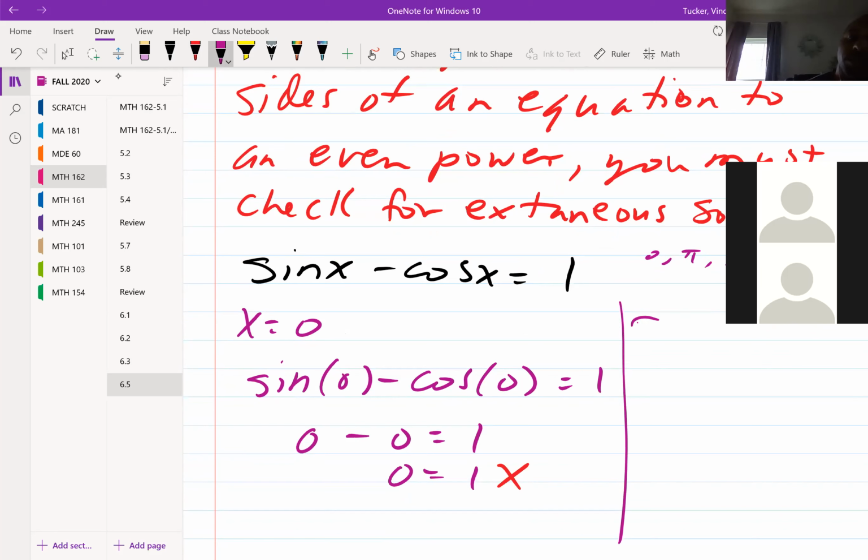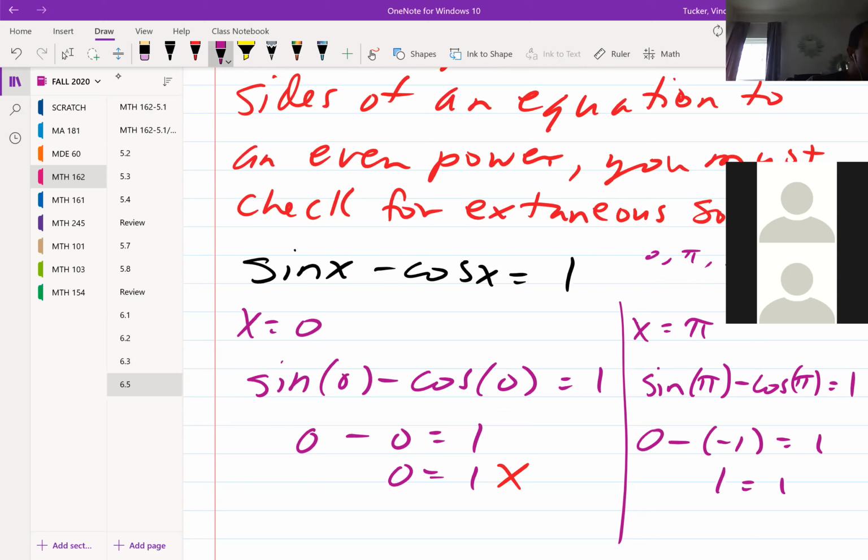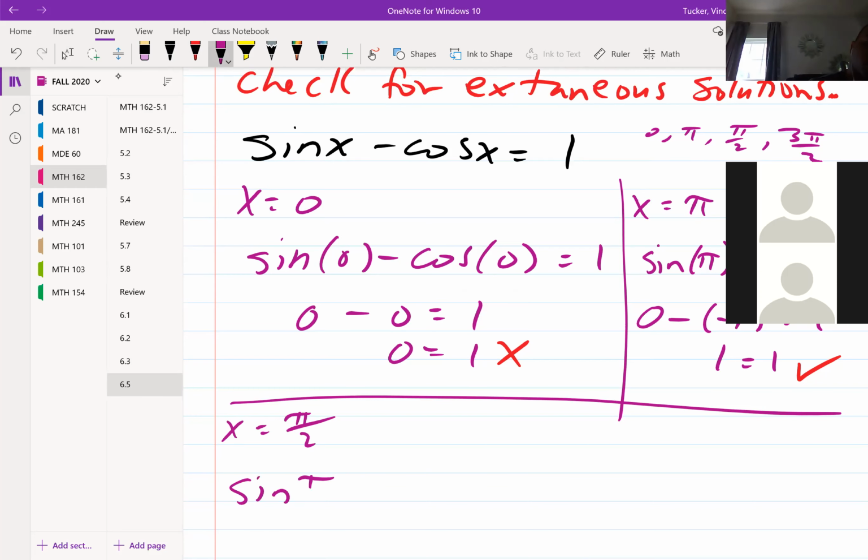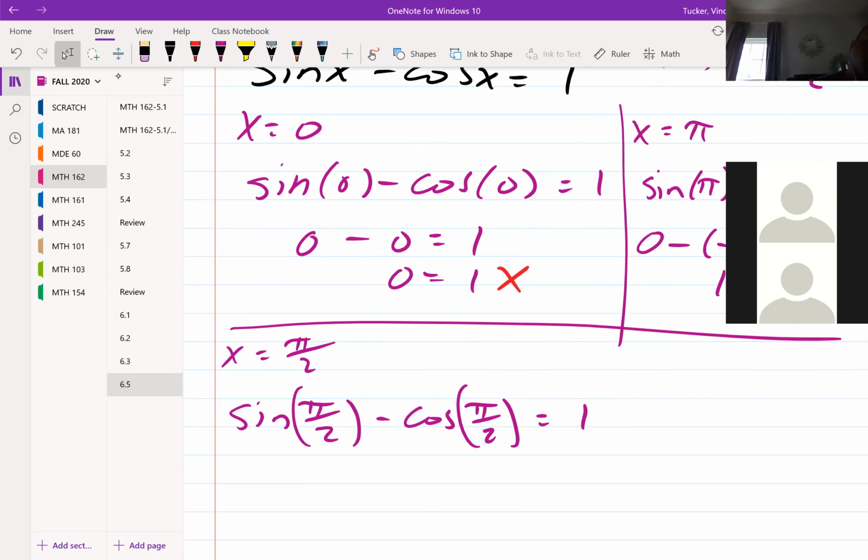See if I can slide this one in here. So that one works. Minus 0.